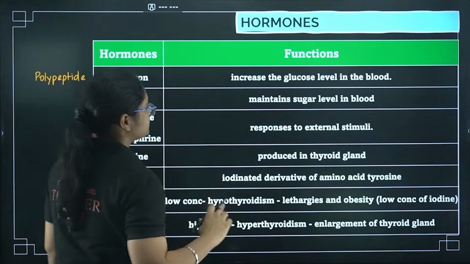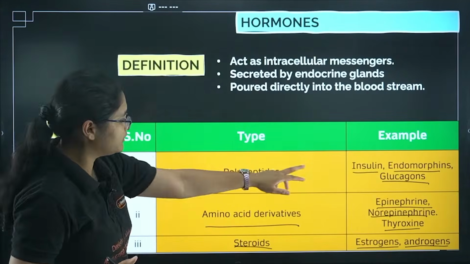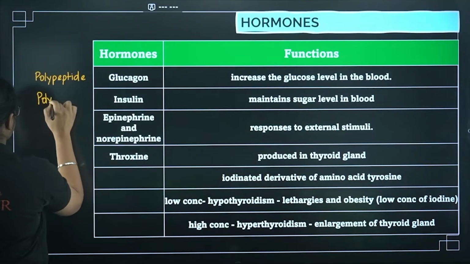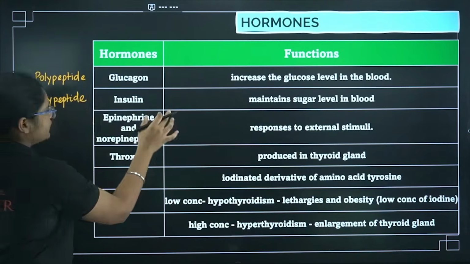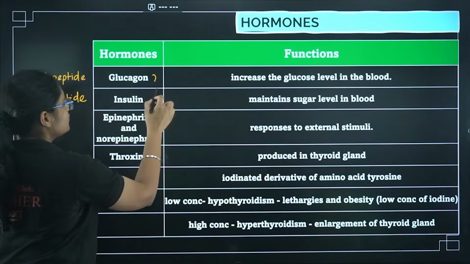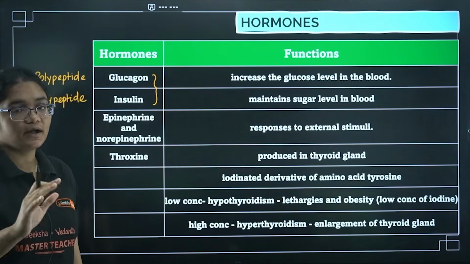Now what does it do? It increases the sugar level in the blood. And insulin is also a polypeptide, right? Now insulin works to reduce the sugar level in the blood. So these two, glucagon and insulin, together maintain the sugar level in the blood.